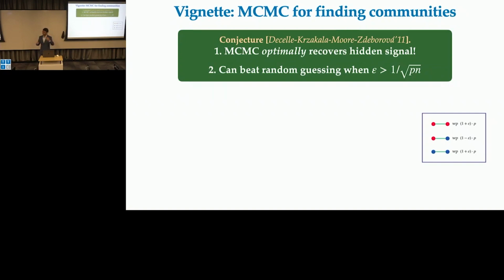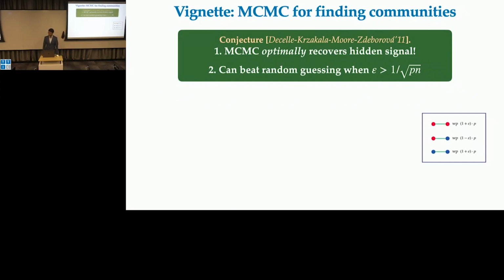It takes exponential n time to mix, but they run it for a time that's basically linear in the number of vertices in the graph. And in linear time, they observe that it does as well as the stationary would. Meaning that the Hamming distance between what it finds and the truth is optimal. Yes.